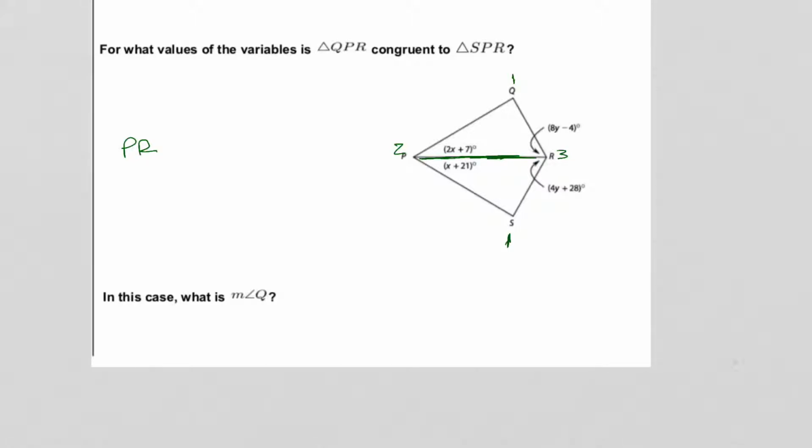And we know PR is congruent to PR, right? It's the same side, so of course it's congruent to itself. And then they're using these particular angles, and so you would need to know that angle QPR is the same as SPR.